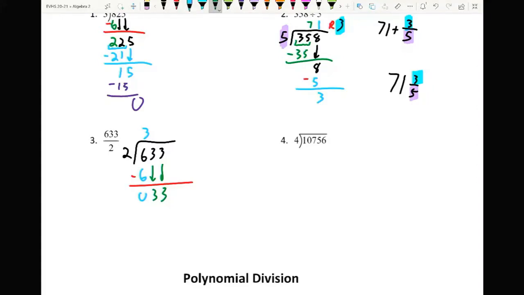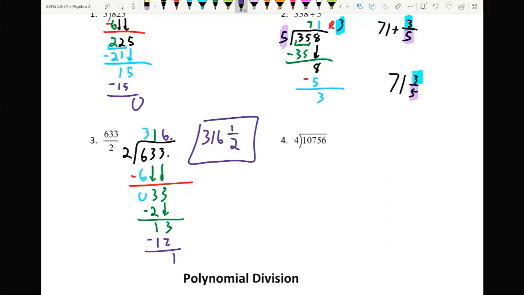Well, 2 will go into 3 1 time. So 1 times 2 is 2. Subtract that and I get 1. The 3 drops. Now 2 will go into 13 6 times. Multiply 6 times 2 gives me 12. And subtract that I get 1. I'm now at my decimal. And so I'm going to write my answer as 316 and 1/2. 316 remainder 1.